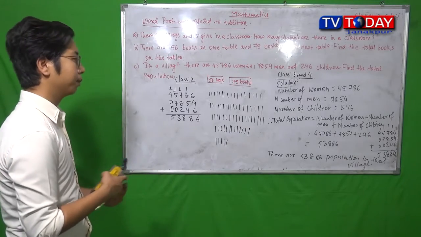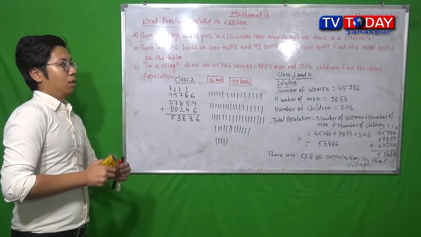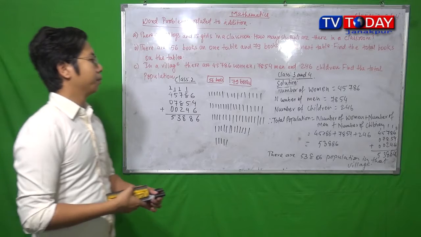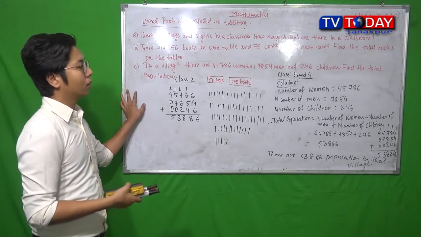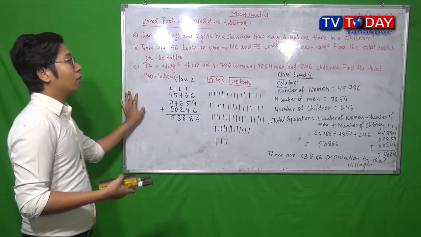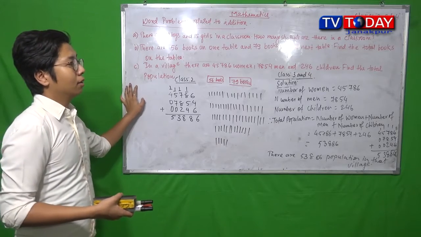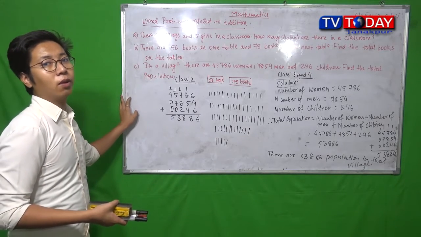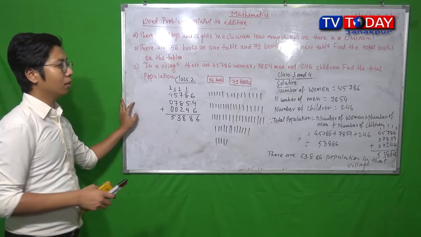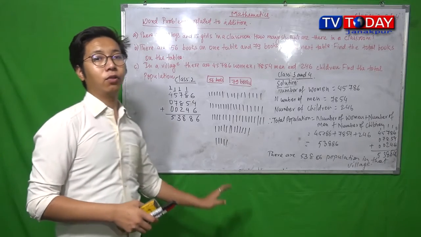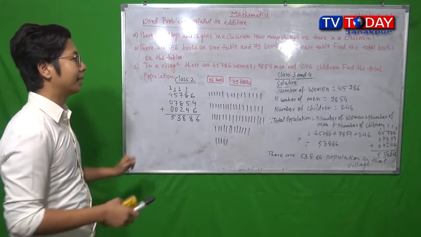Don't be too slow. After performing this exercise, I hope you can perform all the word problems related to addition, but you have to be careful while performing this addition.